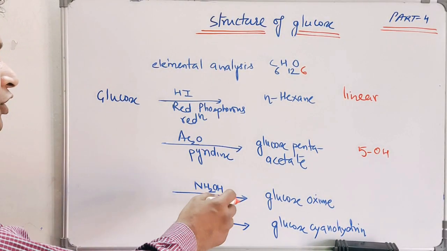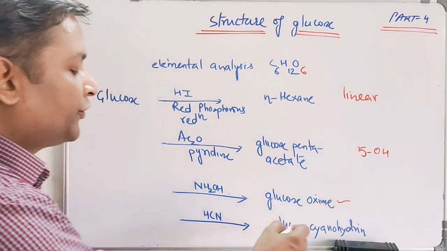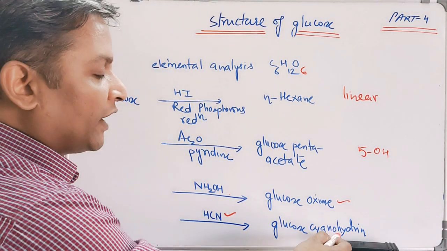Glucose on treatment with hydroxylamine gives an oxime. Glucose on treatment with hydrogen cyanide leads to the formation of cyanohydrin.